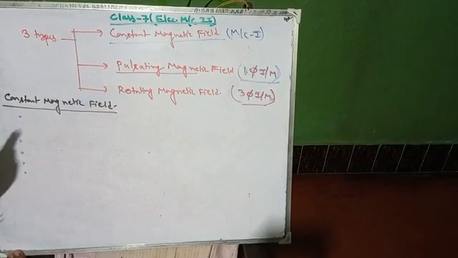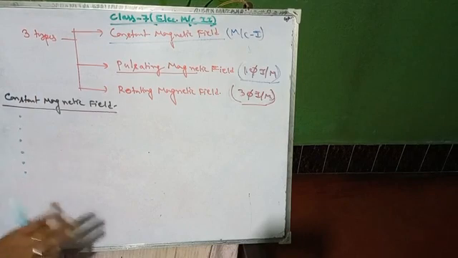Okay, so by these two ways, constant magnetic field is generally produced.